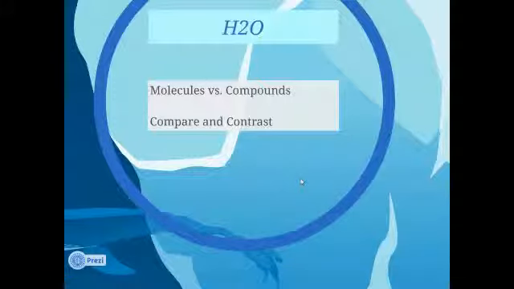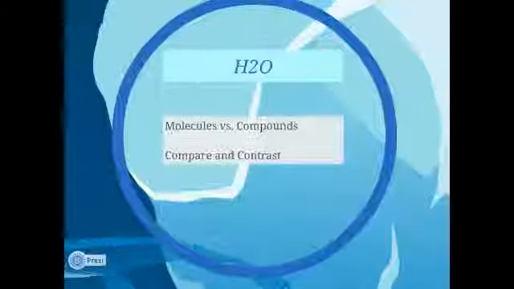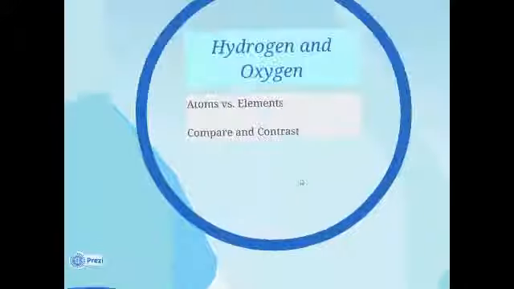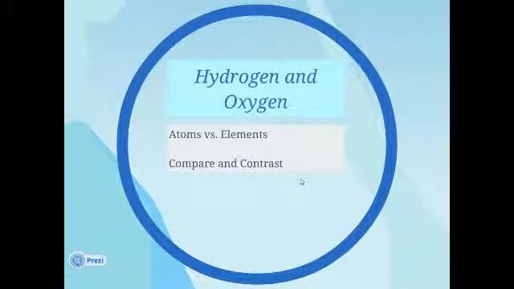And those are broken down even more into hydrogen and oxygen. Now, hydrogen and oxygen are both elements. Elements meaning that they are substances that can't be broken down into any smaller subunits. They are only hydrogen and only oxygen.